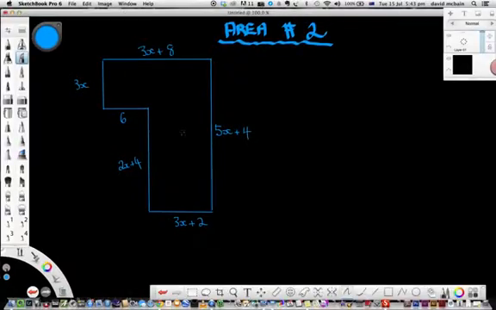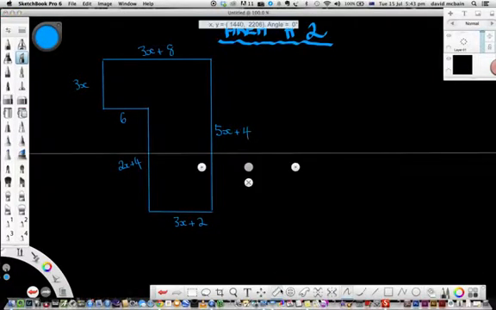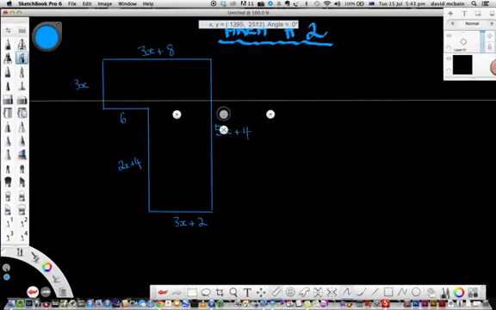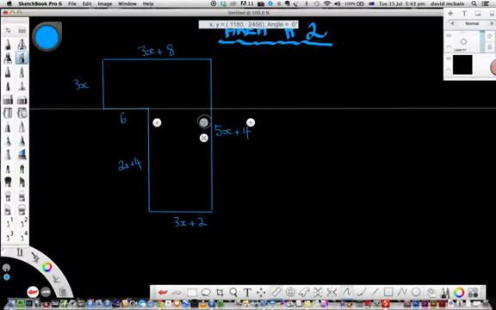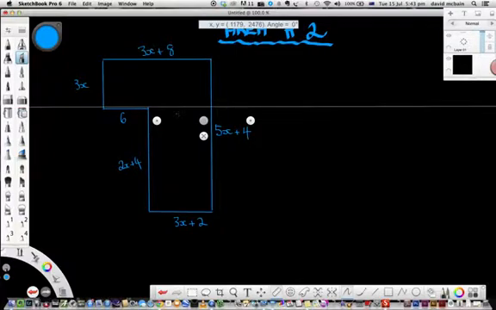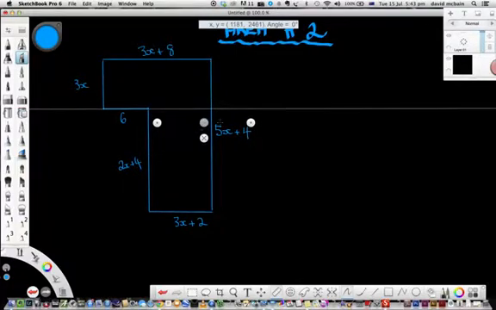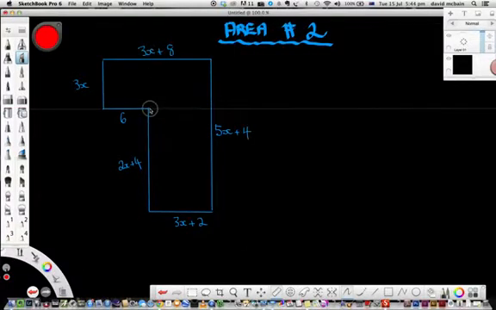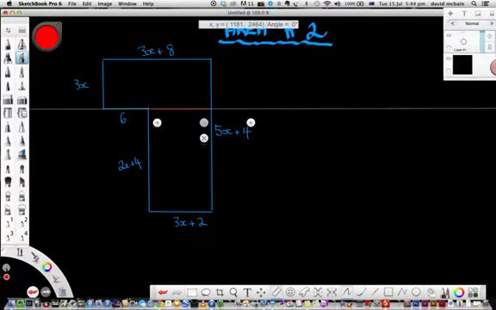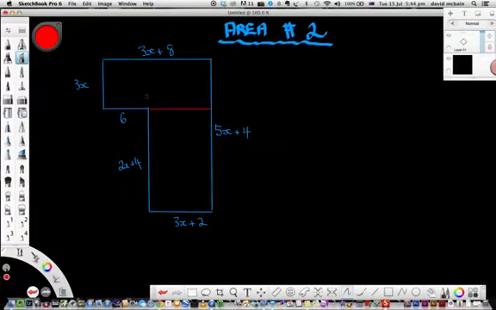So, for example, I'll get my ruler out, and we might see that I could draw a line in this shape along there, which then turns it into two smaller rectangles.